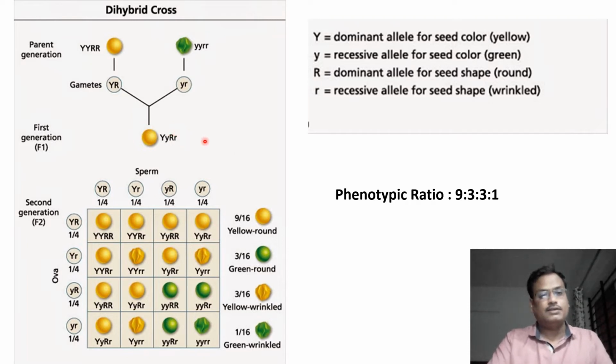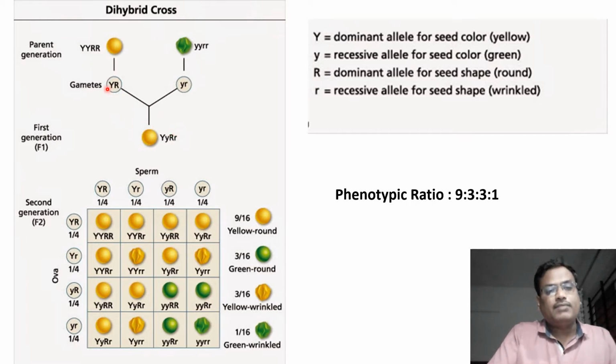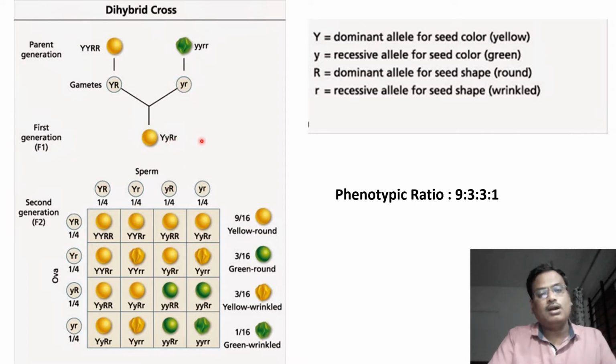The F1 generation genotype will be capital Y small y, capital R small r. It is heterozygous because one Y is coming from this parent and another y is coming from here. So here we have capital Y, and here we have small y. Capital R, and here small r. So the F1 generation's genotype is capital Y small y, capital R small r. Then what is the phenotype?